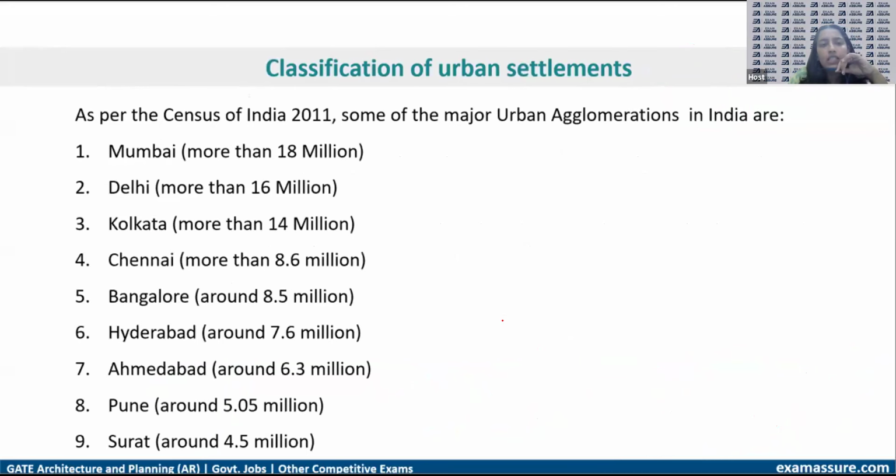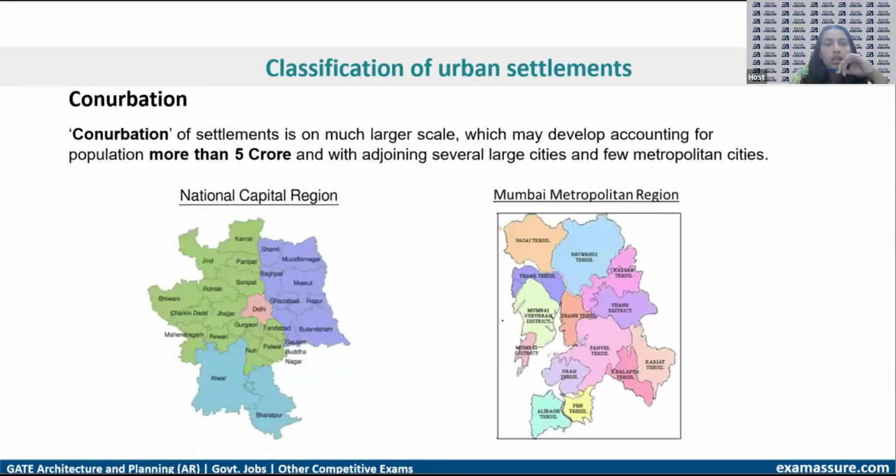So you have cities like Mumbai, Delhi, Kolkata, all of these being a part of agglomerations. Along with that, at a larger context, there is something called conurbation, which is also the amalgamation or coming together of various settlements of different sizes, forming one unit. But the difference between agglomeration and conurbation is that conurbation is at a much, much larger scale.